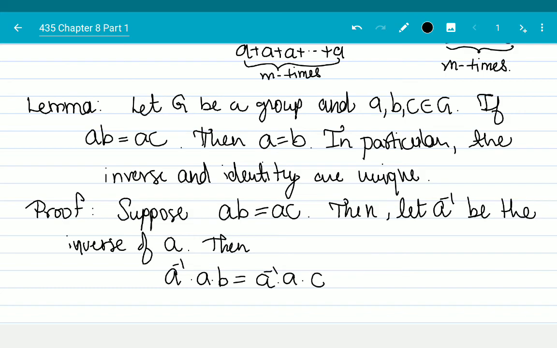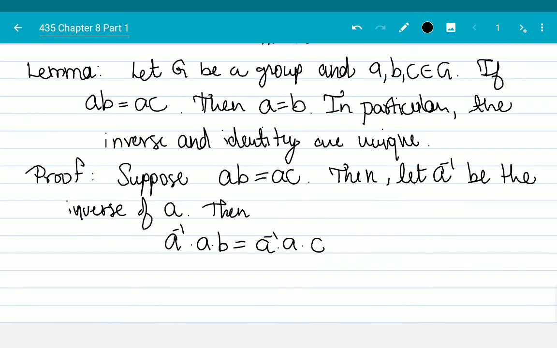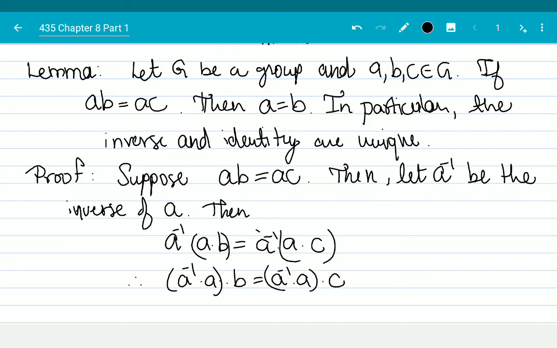Okay, it is very important that the order be kept this way. If the group is not abelian, multiplying from the right would not give you the same thing, right? This gives, therefore, a inverse times a times b equal to a inverse times a times c.